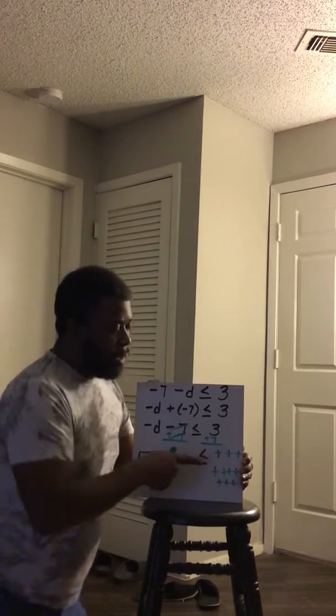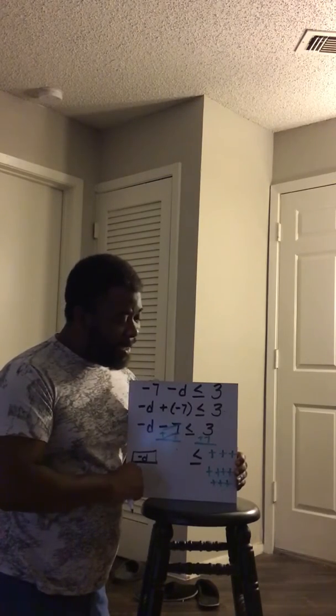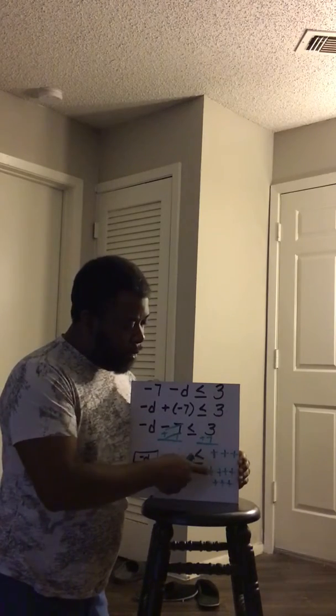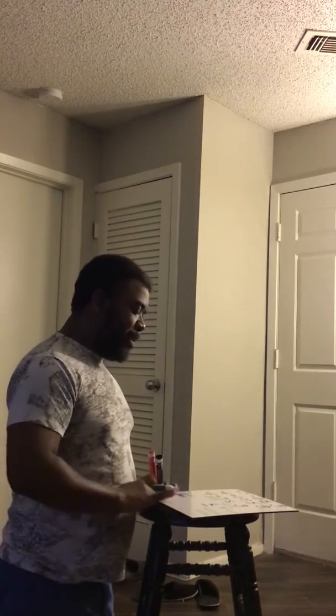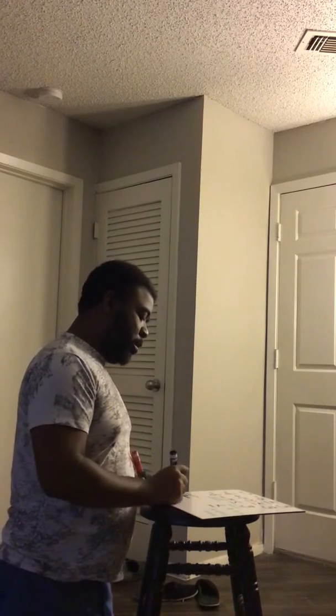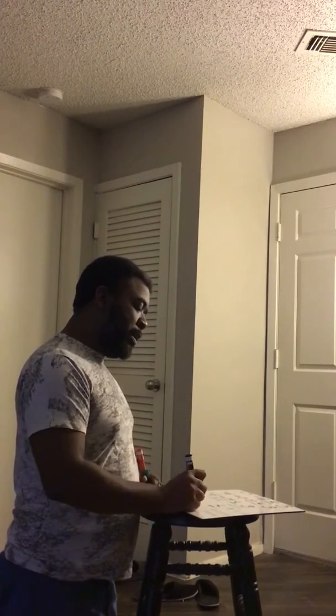And then there's no negatives on this side, so I can't make any zero pairs. So that means I just count 1, 2, 3, 4, 5, 6, 7, 8, 9, 10. So we have negative d is less than or equal to 10.